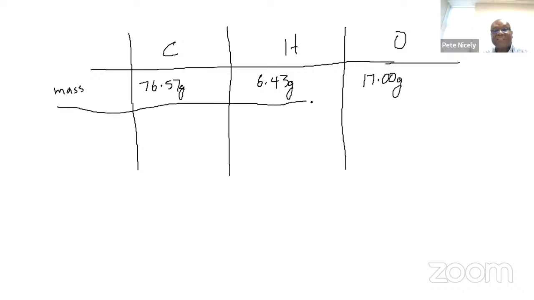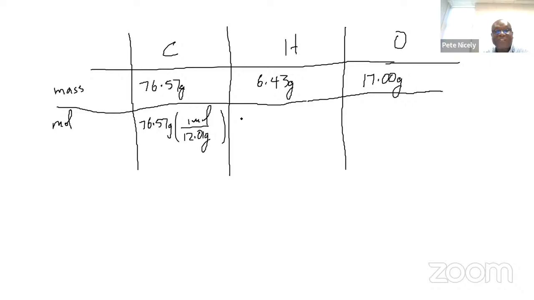The next step is to determine the moles of each element. And to do that, what we have to do is divide each of these values here by their respective molar masses. So in the case of carbon, it's going to be 76.57 multiplied by 1 mole over 12.01 grams. That's the molar mass, right?